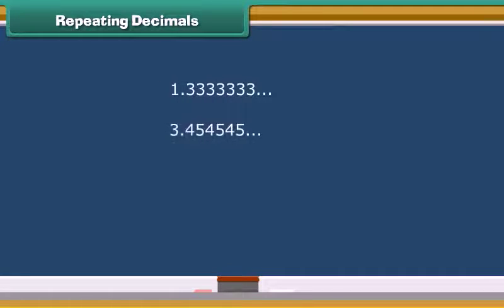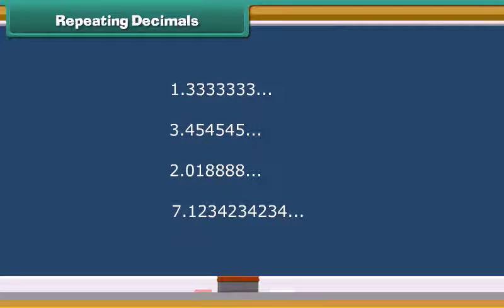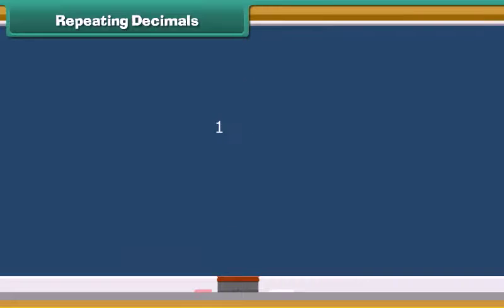Some decimals don't stop and go on adding numbers to the right forever. Look at the decimal numbers of the fraction 1 by 3. What did you notice? It starts with 0.33333 and just keeps on going on and on.